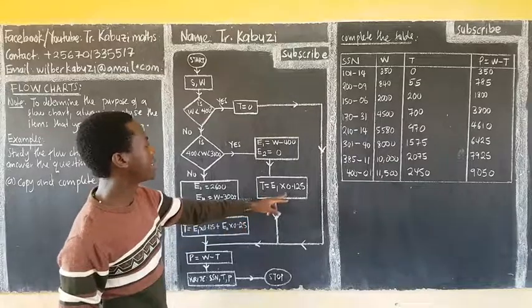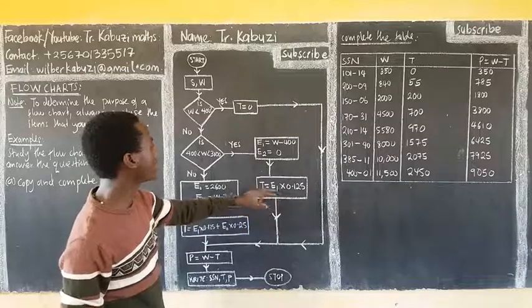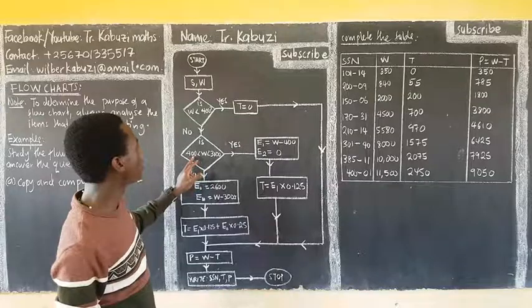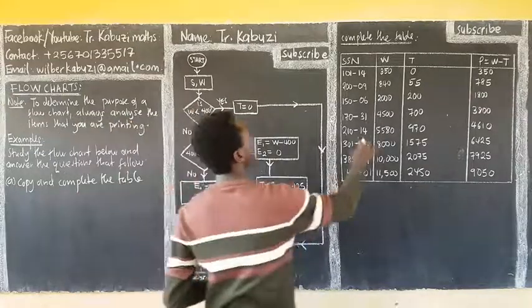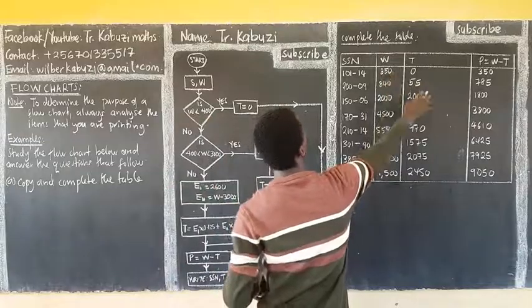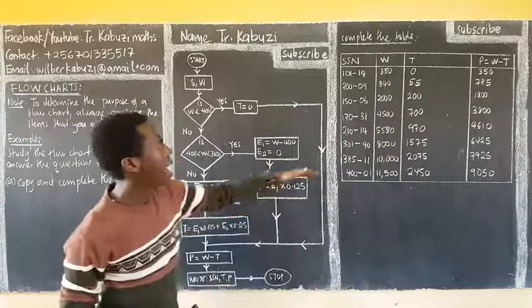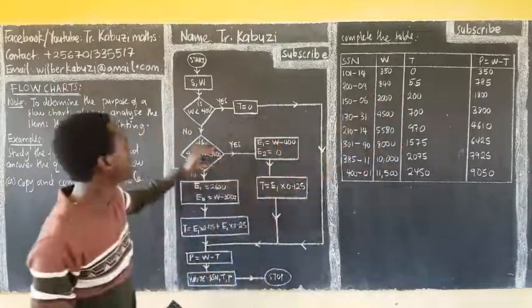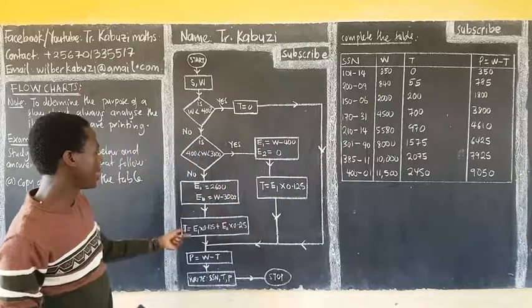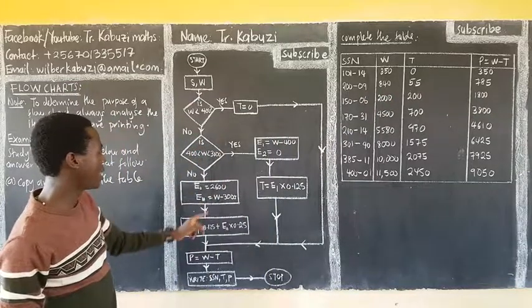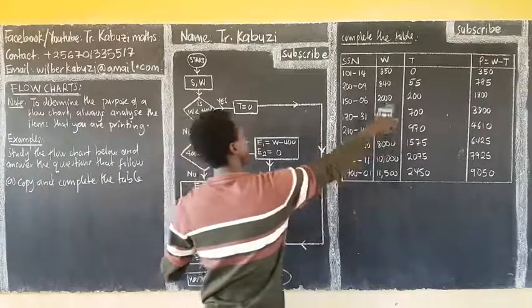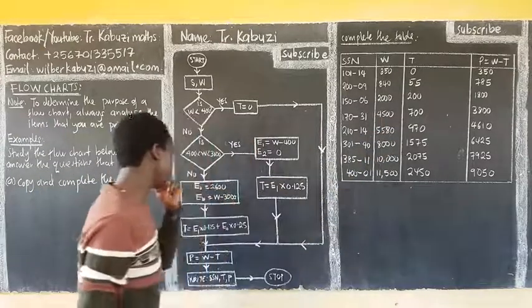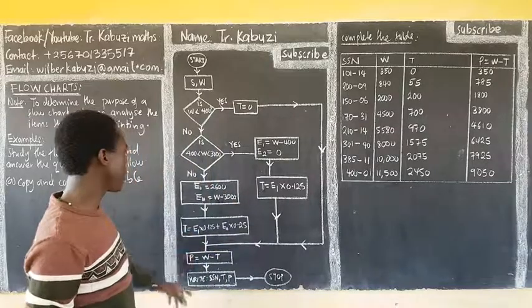We use this one if our W was between 400 and 3,000, meaning the first two. And for these ones which are not in this range, we calculate T using this, where our E1 is this, then E2, we add the W we have here minus 3,000, then we put it here, and we get our T.